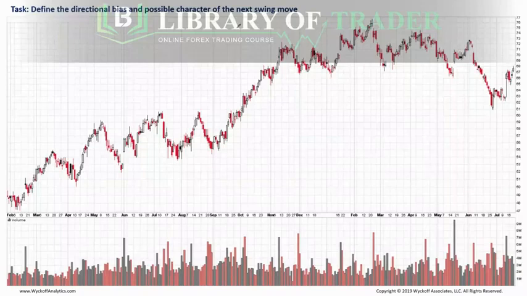It doesn't really matter. Of the entire chart, what is your bias on the last bar? What do you think is going to be the next significant move, to the upside or to the downside? I think it'll be to the downside.